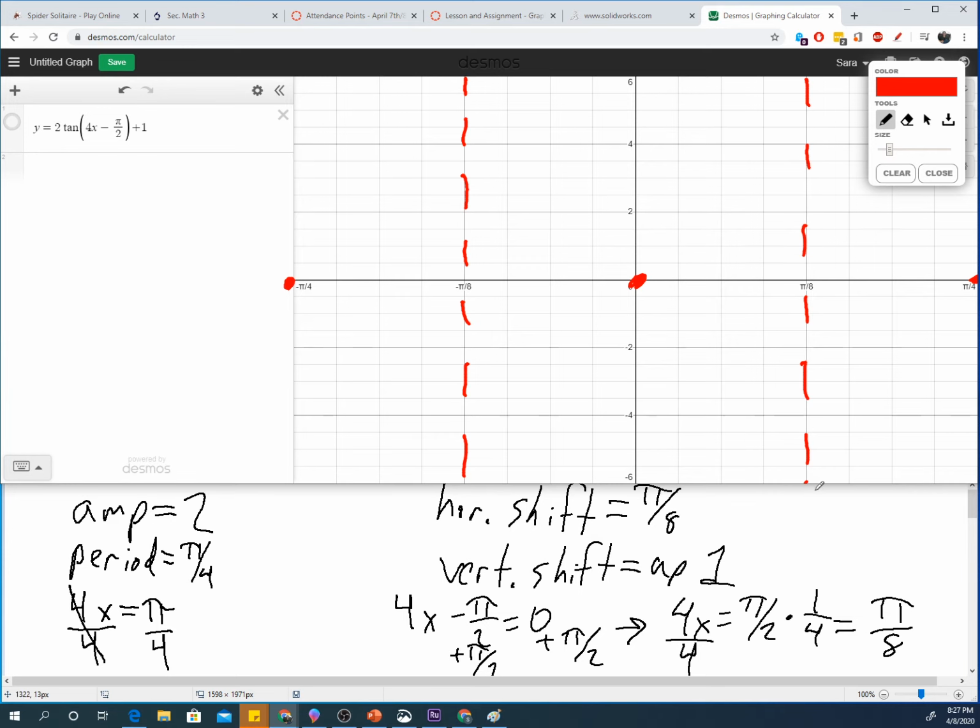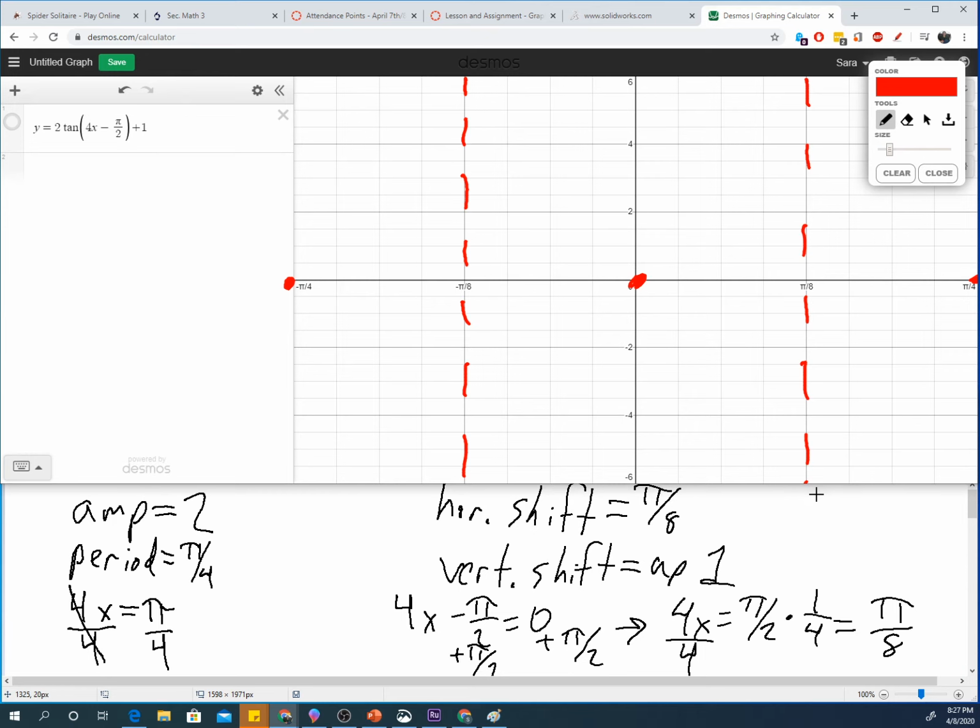Now, there are a couple key points here in this function that are going to be helpful. The first one is that point that's at the origin. Your tangent, when there are no shifts involved, is always going to start at the origin. And the second one is normally when you move halfway towards the asymptote, you have a y value of 1.